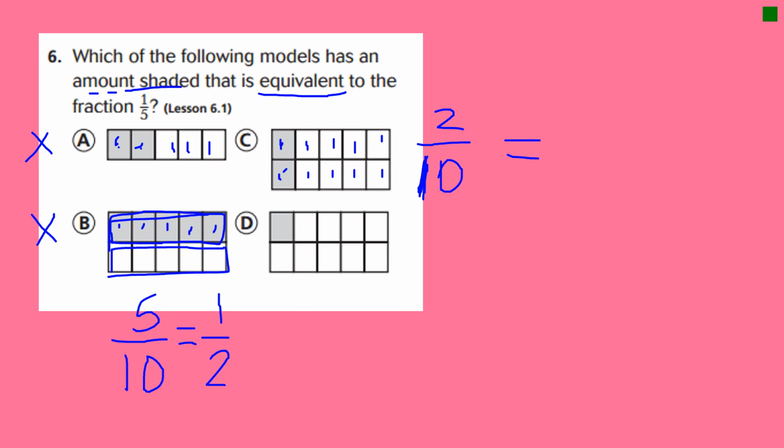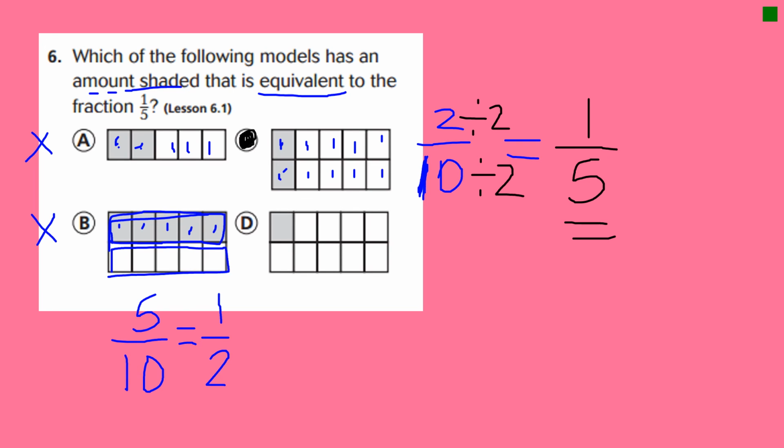Now, to go to simplest form, remember, you divide both of them by a factor that they have in common. Okay? So the factors of 2, you know 2 is a prime number. It's only 1 or 2. So we're going to use 2. Because if you divide something by 1, you just get the same number. All right, 2 divided by 2 is 1. 10 divided by 2 is 5. Oh, look at that. C is equivalent to 1/5. Nice job.